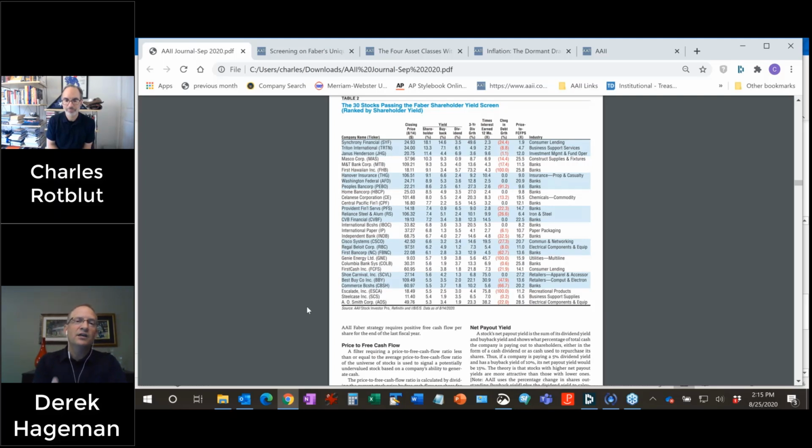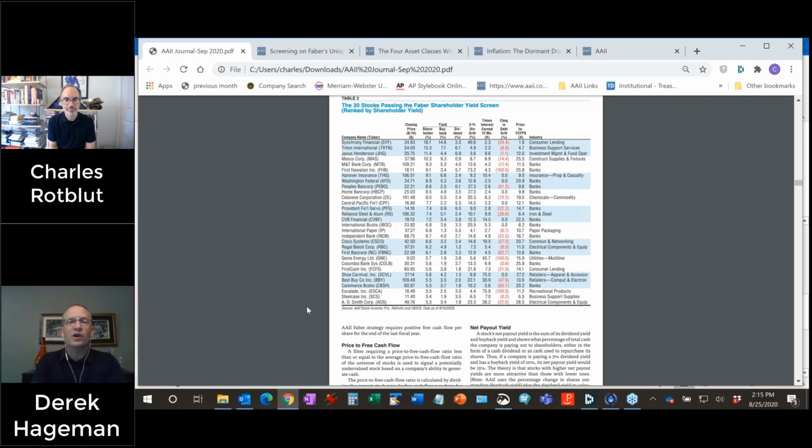In this case, shareholder yield is the buyback yield plus the dividend yield. For the first case, Synchrony Financial, it has a buyback yield of 14.6% and a dividend yield of 3.5%, which gives us a shareholder yield of 18.1%.